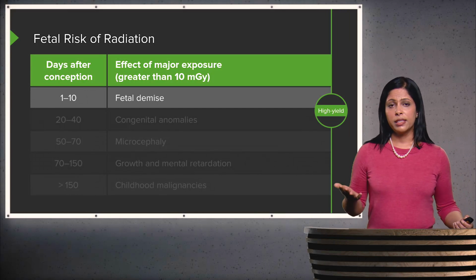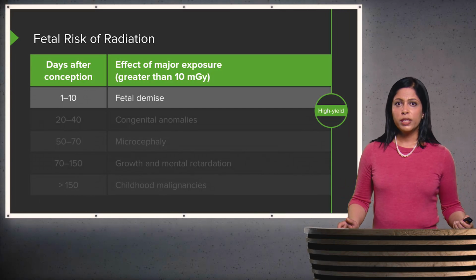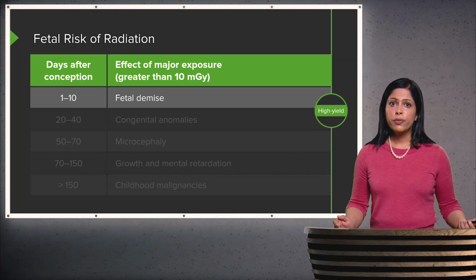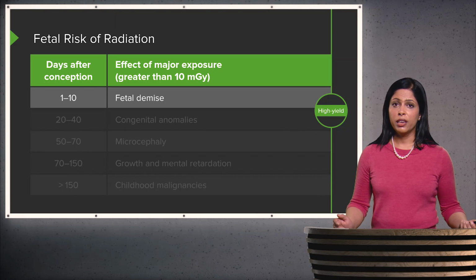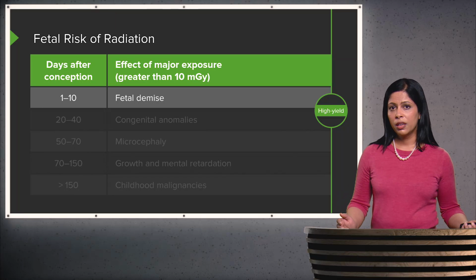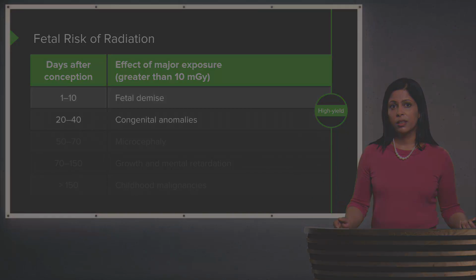If a child is very susceptible to radiation, a fetus is actually even more so. So fetal risk of radiation actually depends on the days after conception that the fetus encounters the radiation. So within the first 1 to 10 days, the fetus has the highest risk of radiation, and it really could result in fetal demise. And this is all when a fetus receives a dose of about 10 milligrays or more. About 20 to 40 days after conception, the fetus can have congenital anomalies which can present after birth.